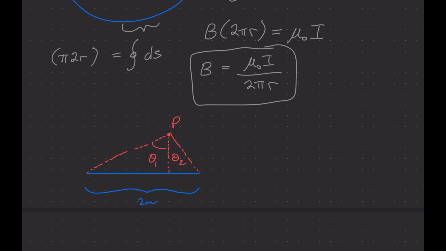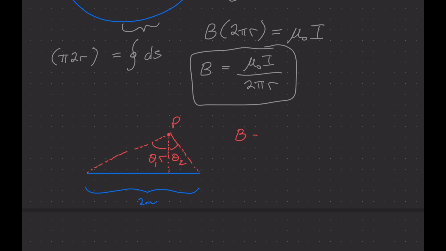If I take this point and move it around, lower or up, I would just change the radius. For example, here this is the radius, and I would change these angles theta 1 and theta 2.